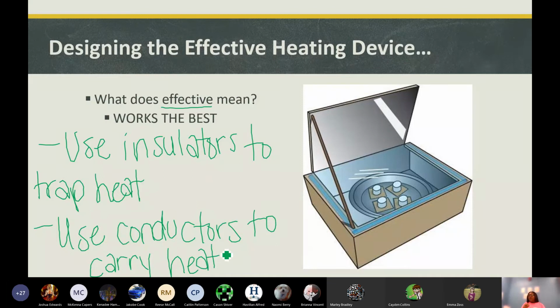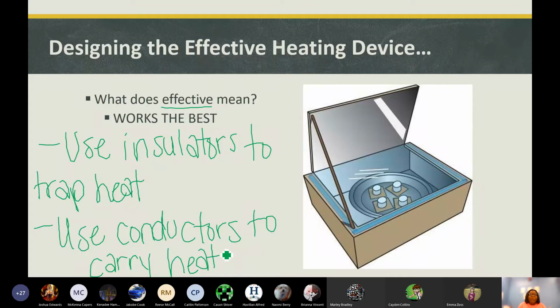Where we put that aluminum foil matters. Remember, aluminum is a conductor. Remember we did that in our gizmo in class? Aluminum is a conductor. So where we put that aluminum is super important.